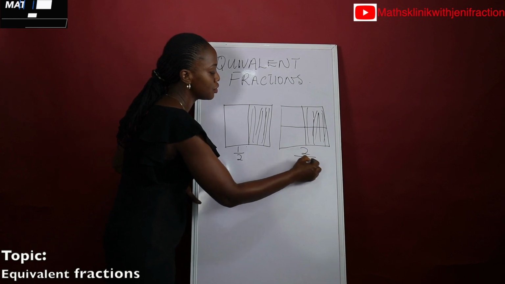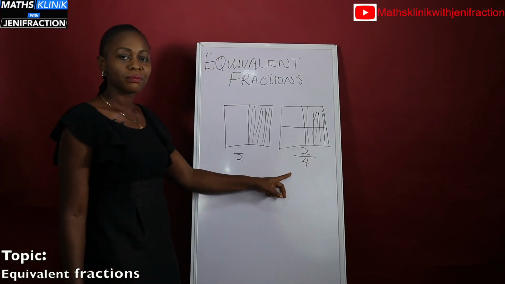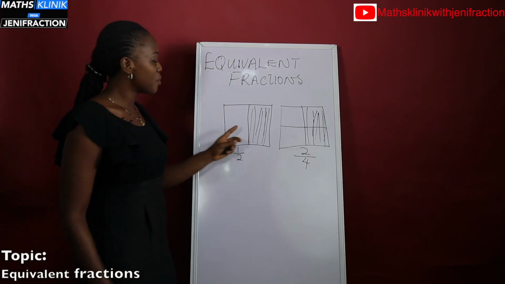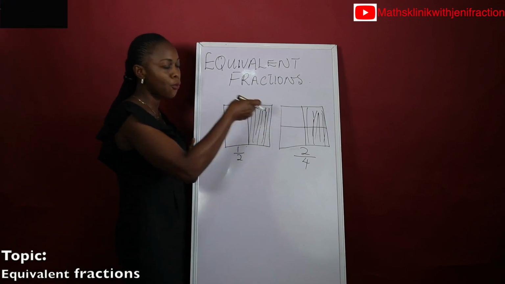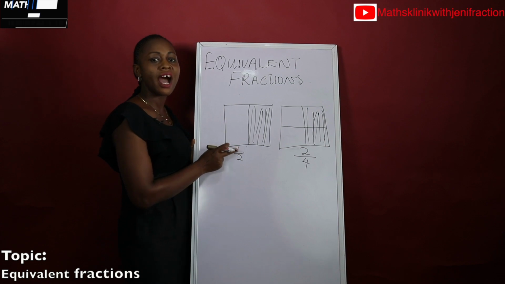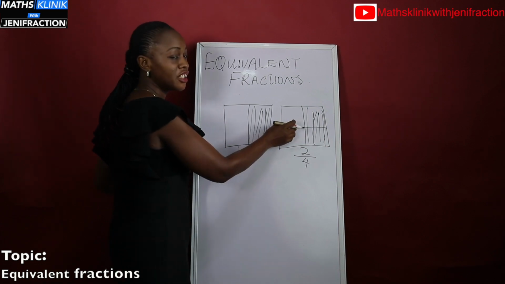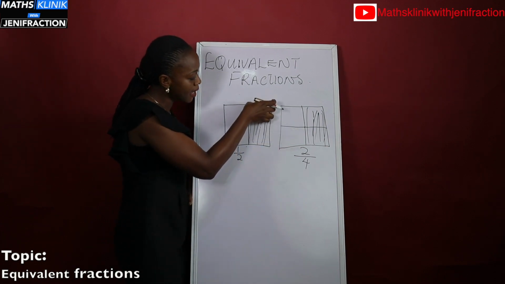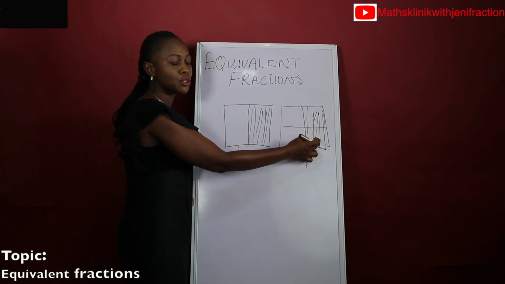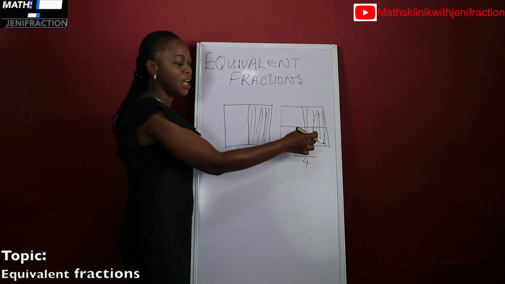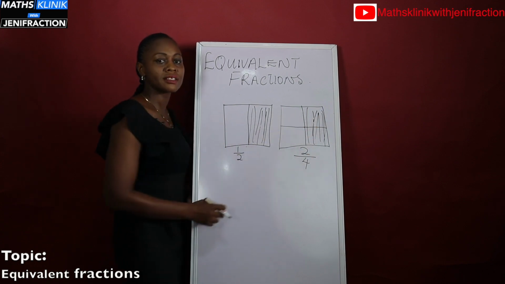So I have 2 out of 4. Are we getting it? Remember, 1 biscuit is shared into 2. I took 1 part, that is 1 out of 2. I shared it into 4 again. That same 1 part I took, I have shared it into 2. So I have 1, 2 out of 4 parts.